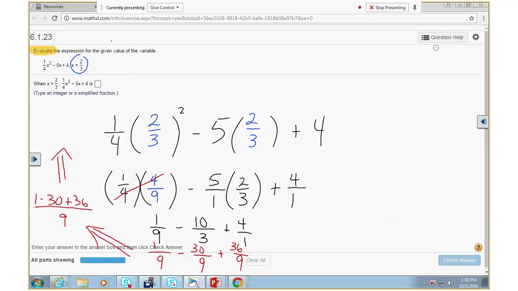One minus 30 is what? Negative 29 plus 36 is what? Is it 7 or 5? 7? Negative 29 plus 36, yeah, 7 over 9. Should be your answer.